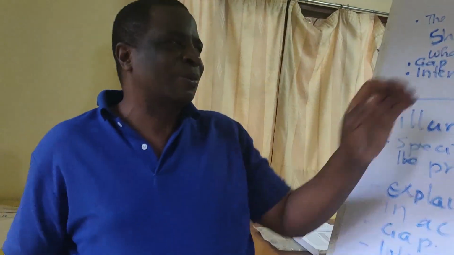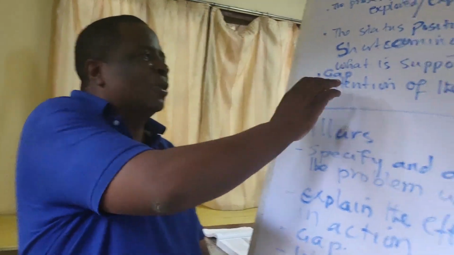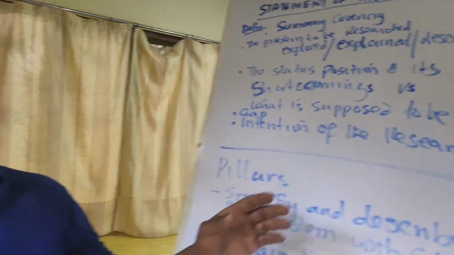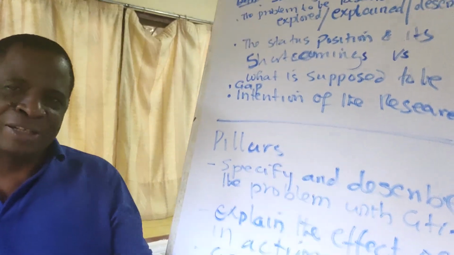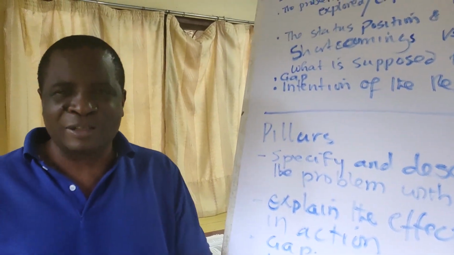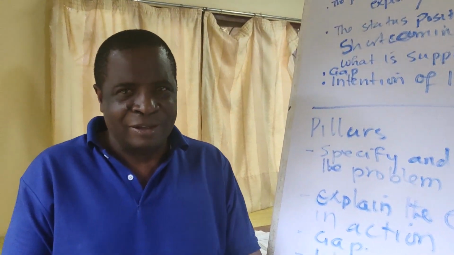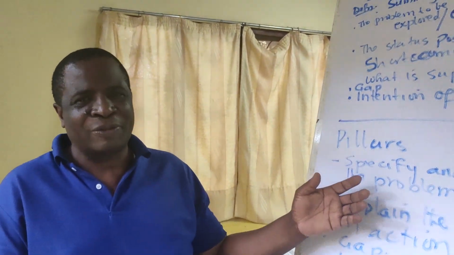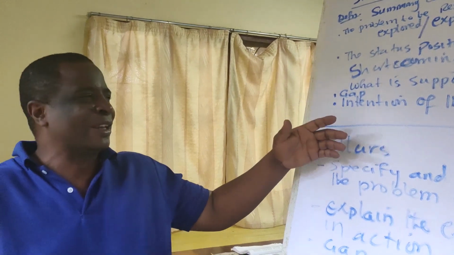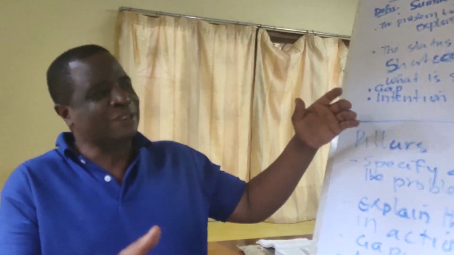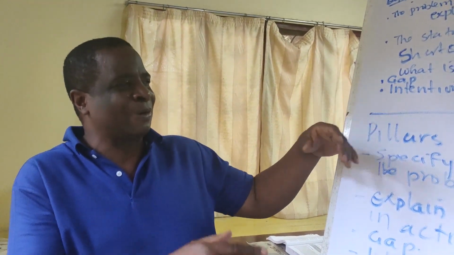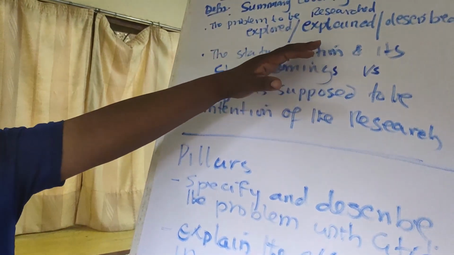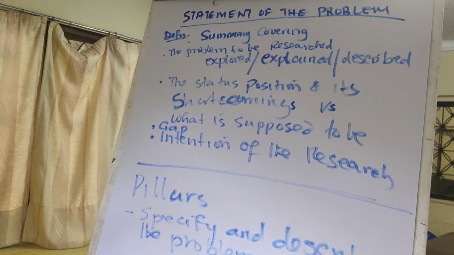So we could see, as we said before, if you go to the policy and the legal framework, they said the elderly person should be treated freely. They should get everything freely. But what you have observed, or what is in the literature, or what is written in the newspaper, or what is reported everywhere, is not so. So that should be in the statement of the problem.